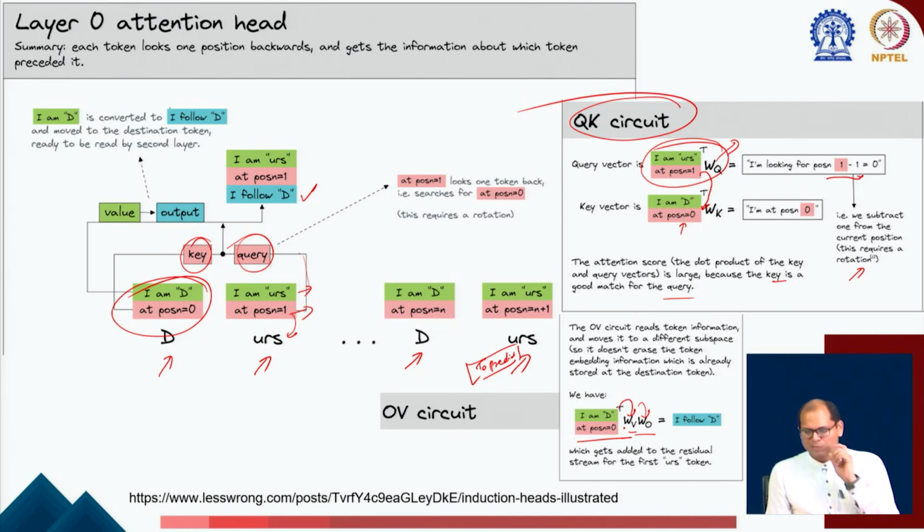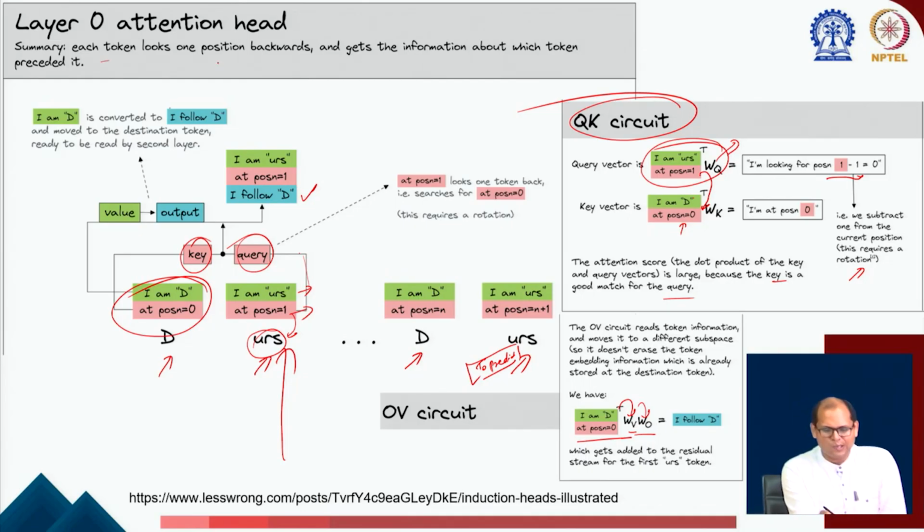I am currently focusing on URS. Which word am I following? I write: I follow D. So now the word URS itself has, in a subspace, the information that I follow D. This is the summary.